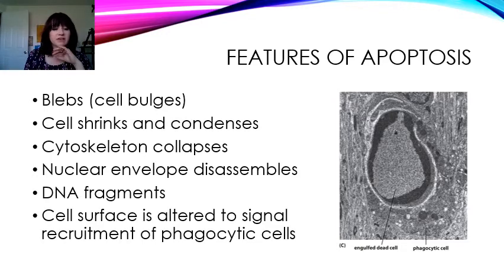In addition, the cell surface is changed to recruit these phagocytic cells. If you remember back when we learned about the cell membrane, we learned about phospholipids, right? We just learned about phospholipids in general, their general structure, but there are different varieties of phospholipids, phosphatidylcholine, phosphatidylserine.